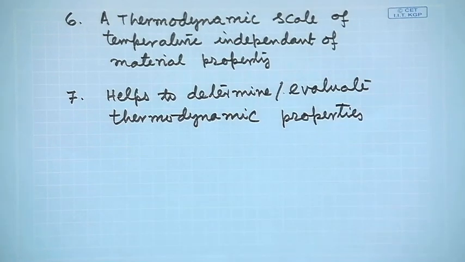Basically, we will get certain property laws using both the first law and second law of thermodynamics, and with those property laws we can determine other thermodynamic properties. So, that is also one contribution of the second law of thermodynamics.